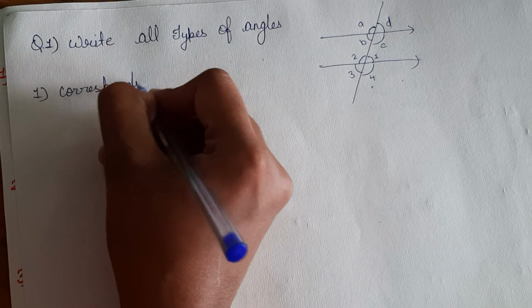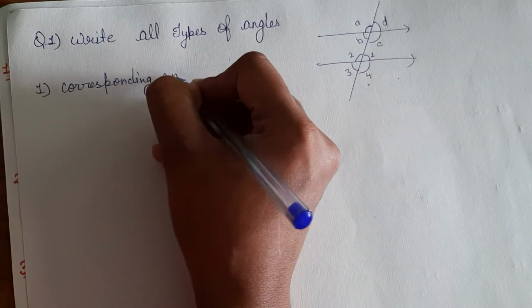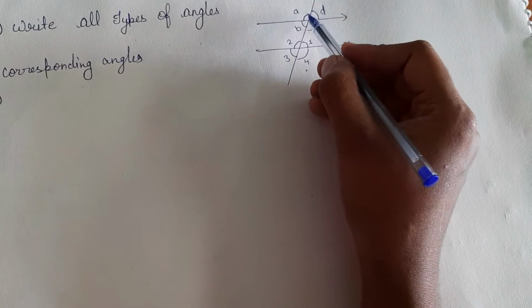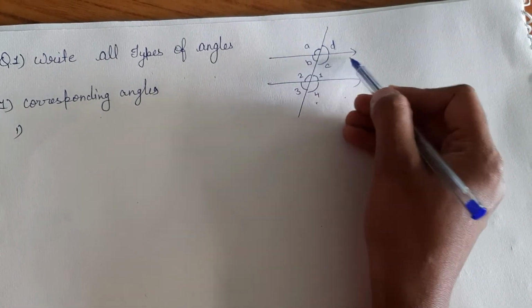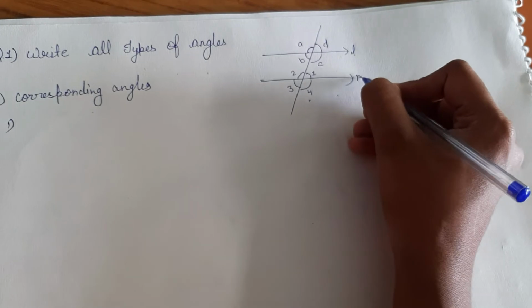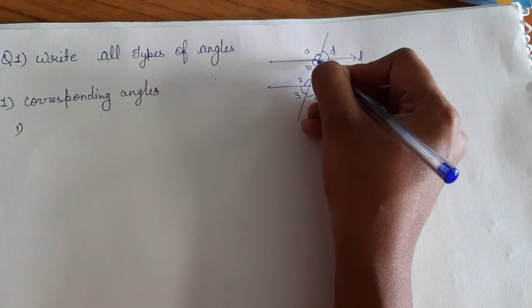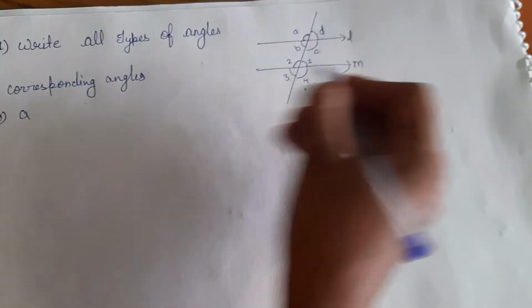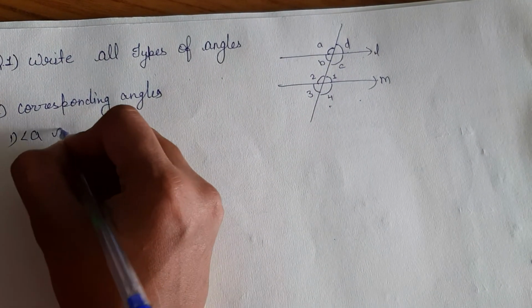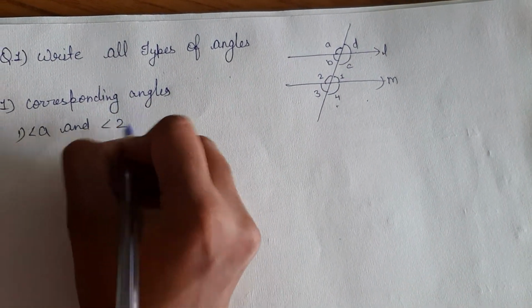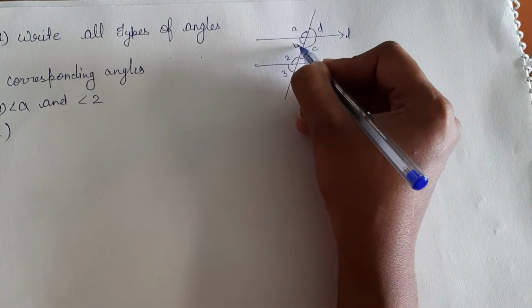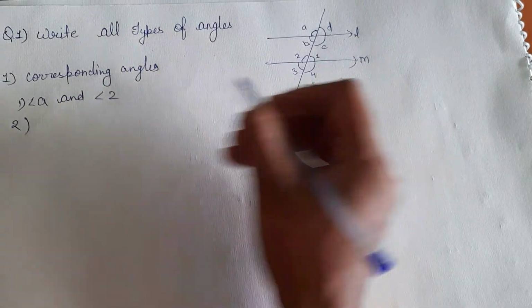Corresponding angles. What is it? We will write only the names. First, in corresponding angles, if I am taking this line, this is the L line and this is the M line. In this line I am taking angle A. What is the corresponding of angle A? 2, in the M line. Angle A and angle 2 are the corresponding. Second, if I am taking angle B, then what is the corresponding in line M? 3.